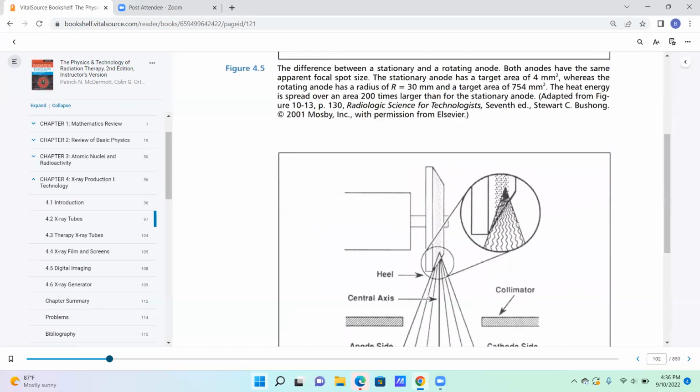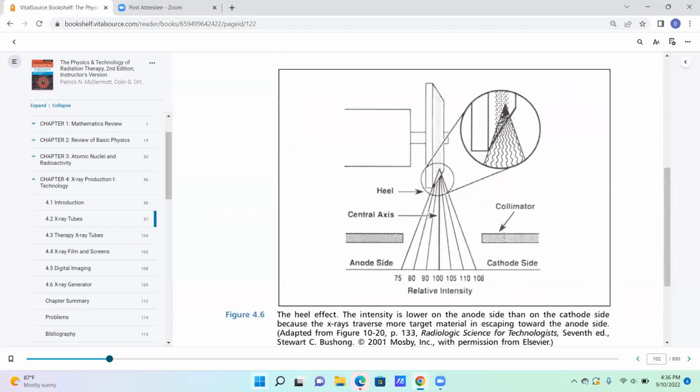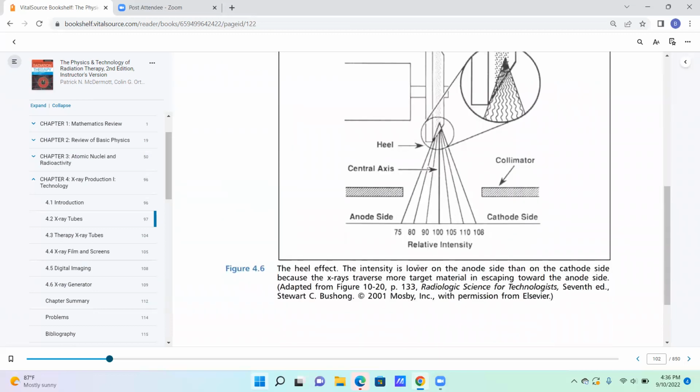Looking at this, the heel effect is pretty much that you have more dissipation of photons through other material as it goes through here if it appears on this side as opposed to over here. So the intensity is lower on this side rather than this side. They call this the cathode side because it's closer to the cathode. This obviously is further away.